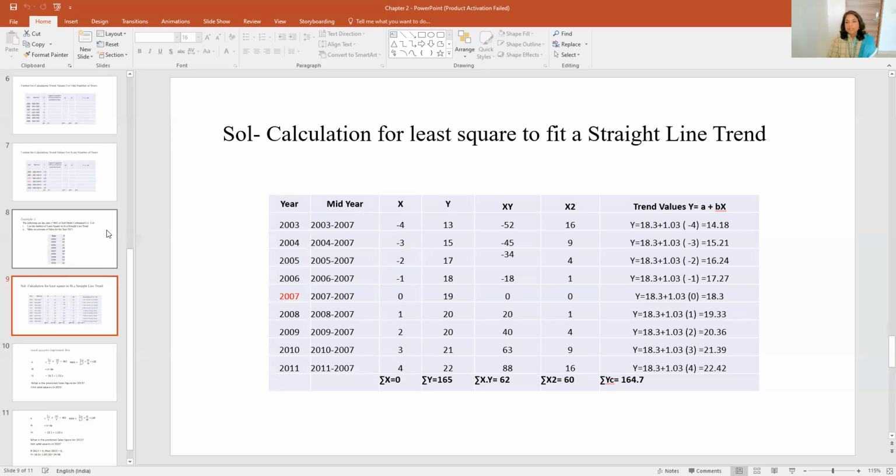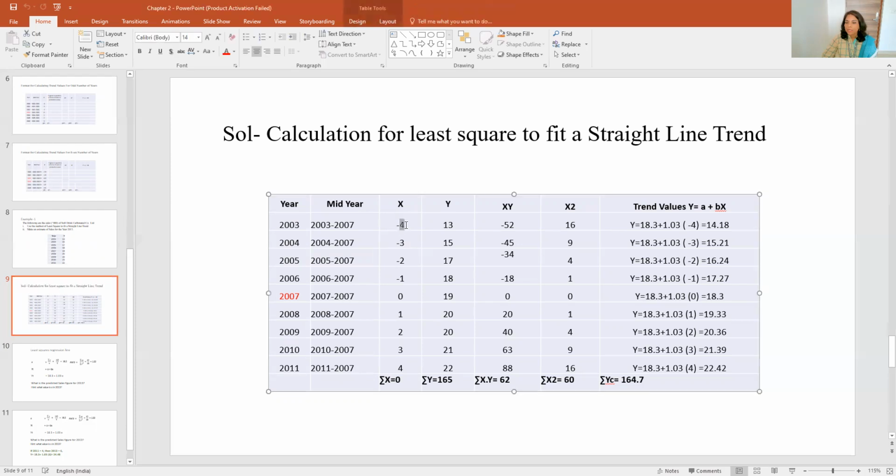For all the years, we will keep changing the X value. So 18.3 plus 1.03 into minus 4, since for 2003 the X value is minus 4. Here it gives 14.18. So for all the years we will calculate the trend values by putting in the different values of X. So 14.18, 15.21, 16, and it keeps increasing.